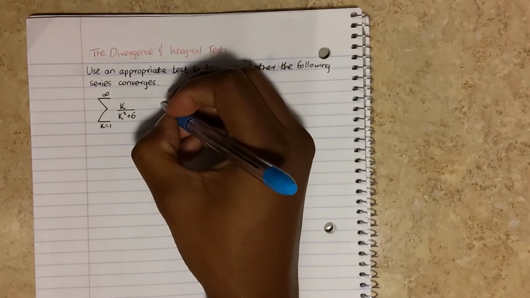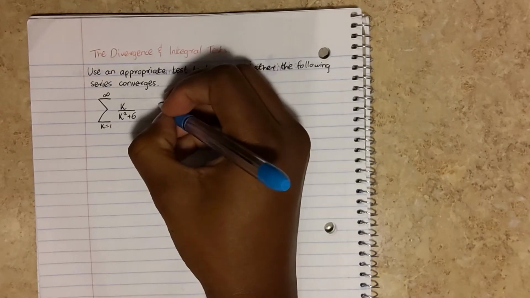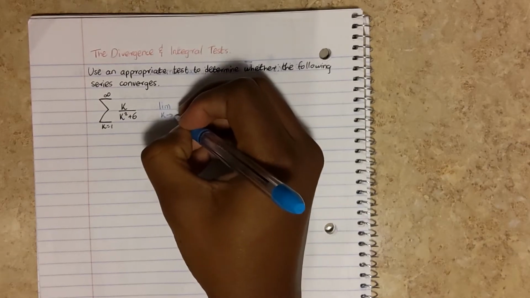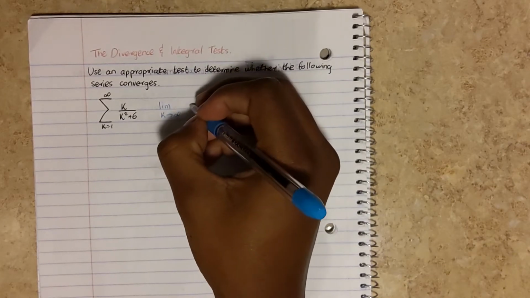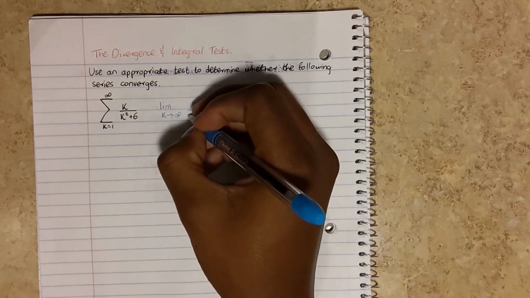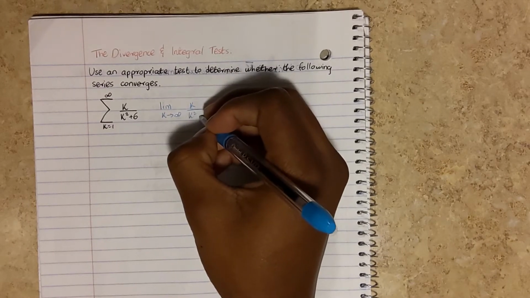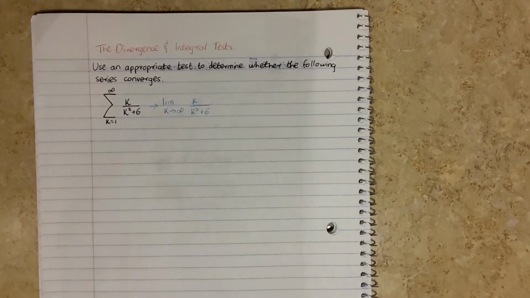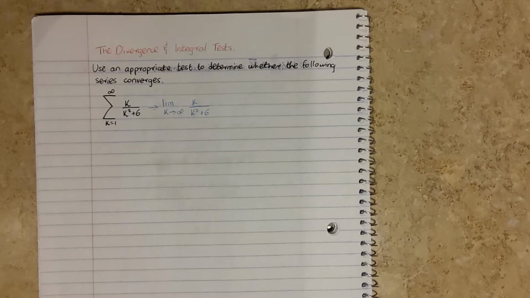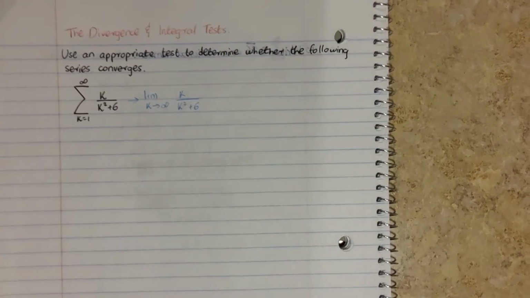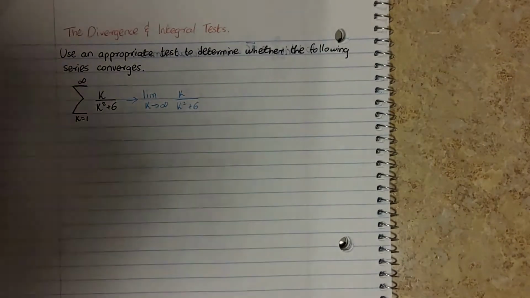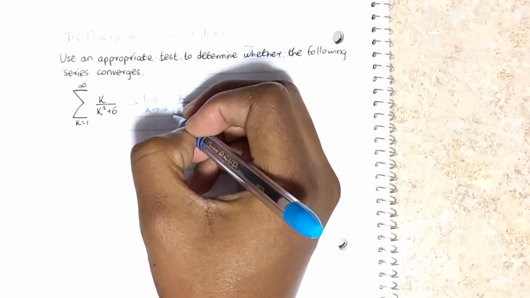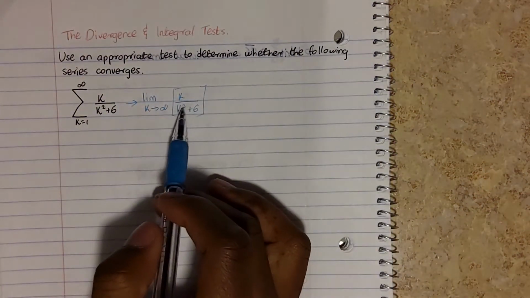Let's see. So in this case, you have the limit as k goes to infinity of k over k squared plus 6, right? So then let me zoom in. Good. So from there, you can pretty much evaluate this, right?